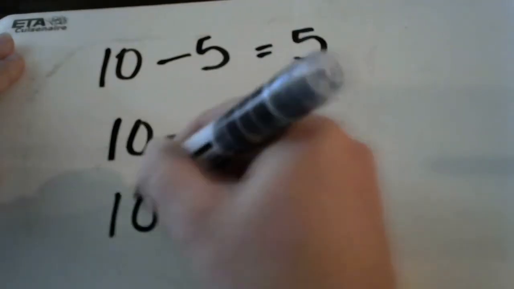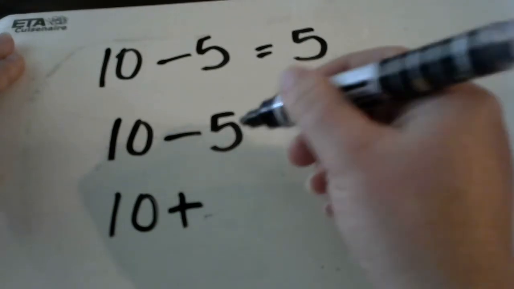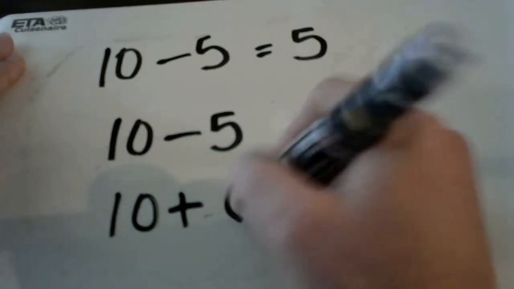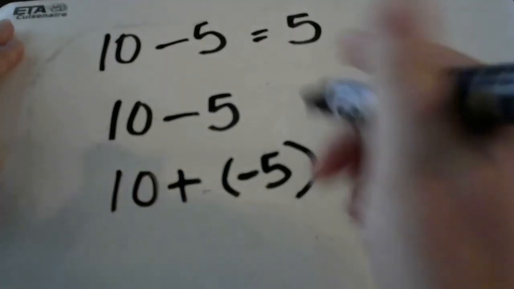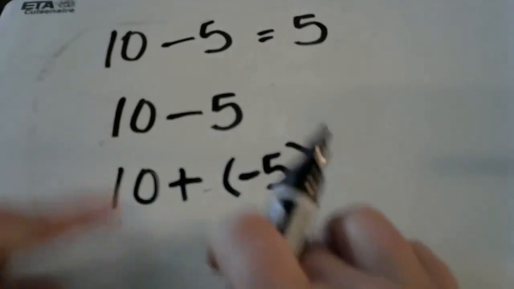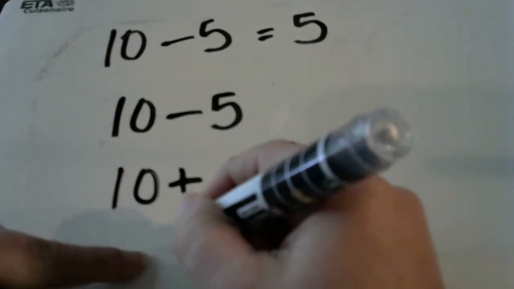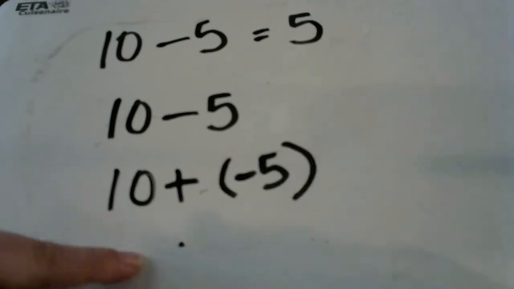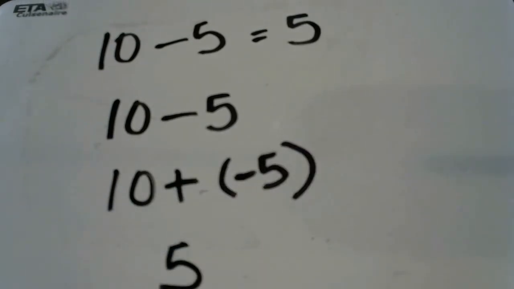So if I change this to addition, I've got to change the sign of 5. 5 right now is positive, but if I make it negative 5, then I know that I'm going to take the sign of the larger number. Which one is larger, 5 or 10? 10. So my answer is going to be positive, and 10 minus 5 is 5, okay? So I just wanted to show you that little rule that way.